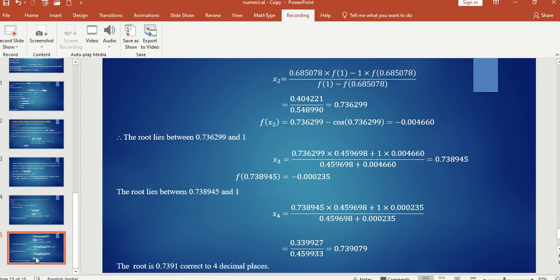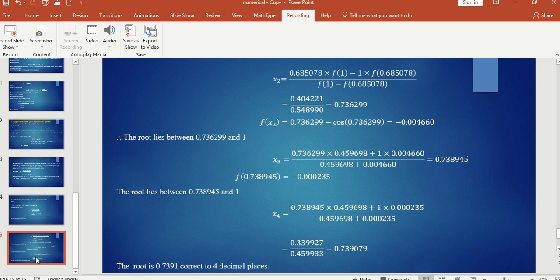Similarly, we find x2. Then we see the sign of f of x2. So here f of x2 is negative. So we have the root lies between 0.736299 and 1. Similarly, for x3, f of x3 is a negative value. So the root lies between 0.738945 and 1.